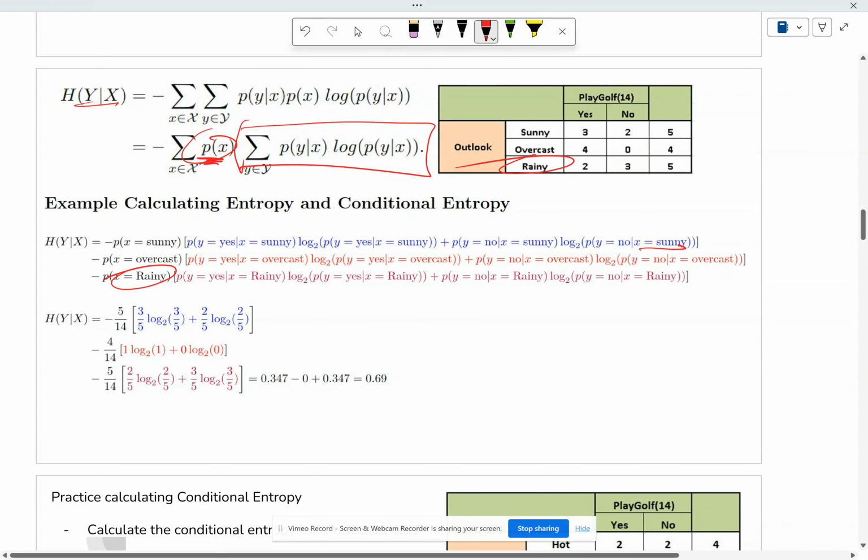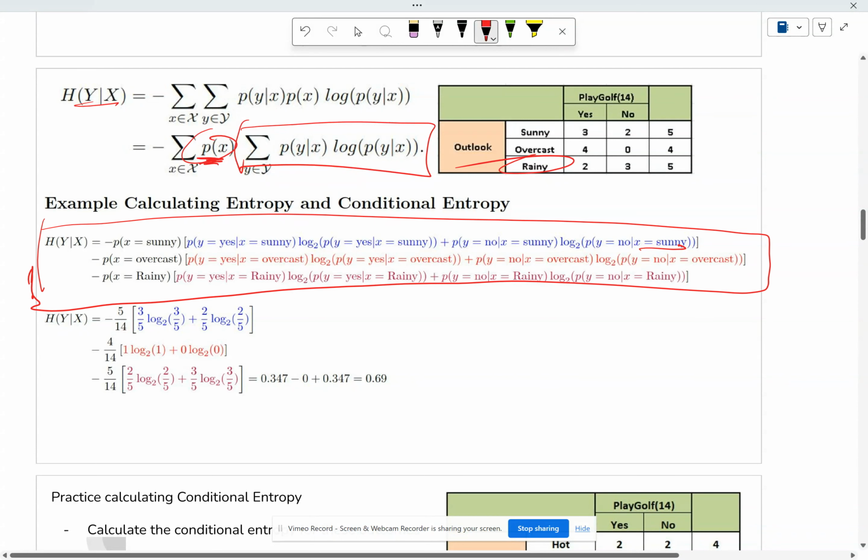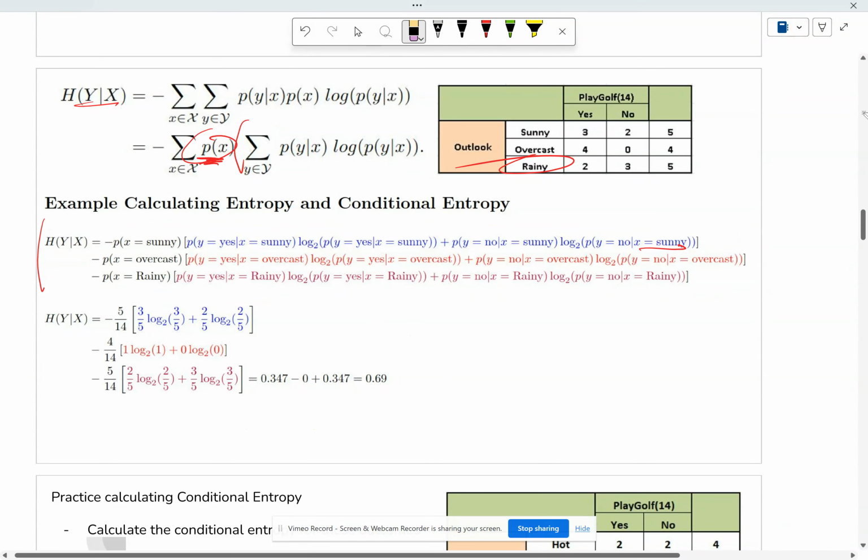So to calculate conditional entropy, you want to study how we calculate it this way. If you do all the math out and plug all the probabilities in, this is what you should get.